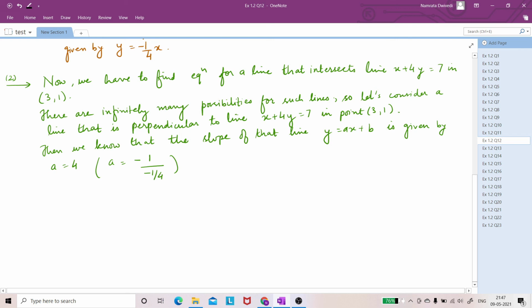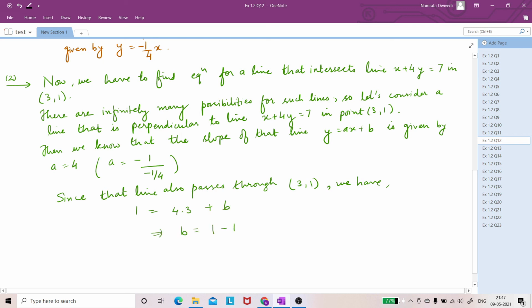So since that line also passes through 3 comma 1, we have 1 is equal to 4 into 3 plus b. Simply substituting the values, 1 minus 12 is equal to minus 11. This is the value of b.